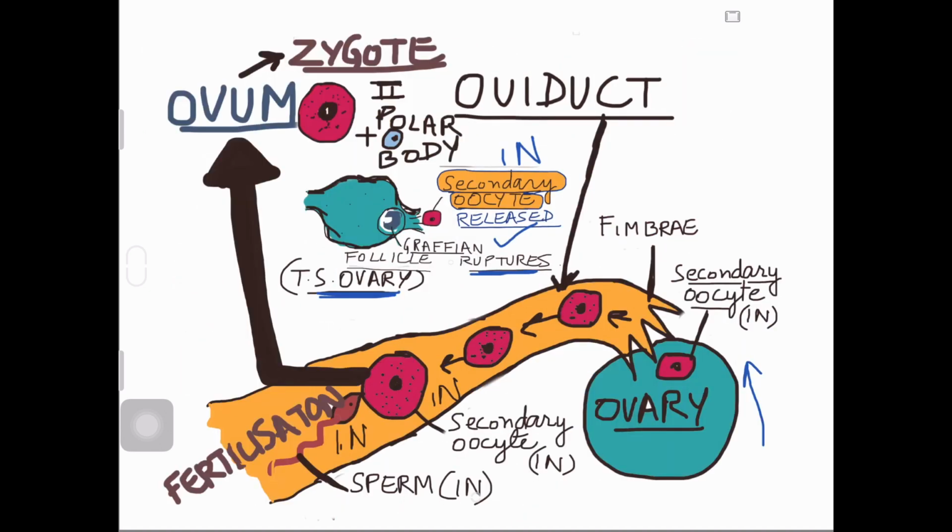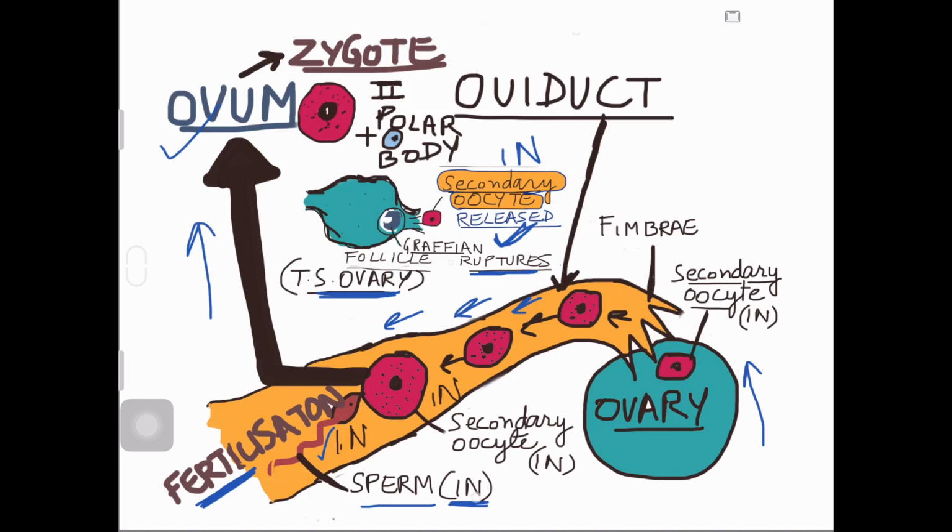This pink colored is the secondary oocyte which has been released, okay, and it keeps on traveling along the oviduct, that is the fallopian tube, and in the fallopian tube it may get fertilized. It may get fertilized, this secondary oocyte, by a sperm, that is 1N, that is the male gamete. It may fertilize this. Look at it, this sperm which I have shown.